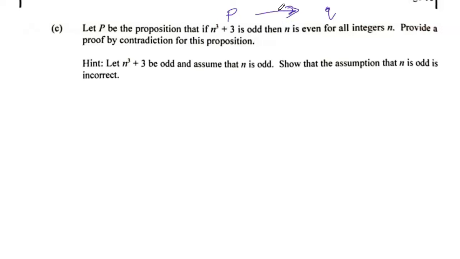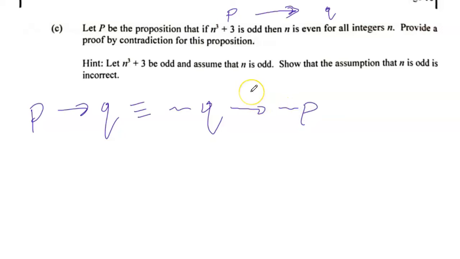Now we know that the contrapositive is also true. So we know that p implies q is logically equivalent to not q implies not p.